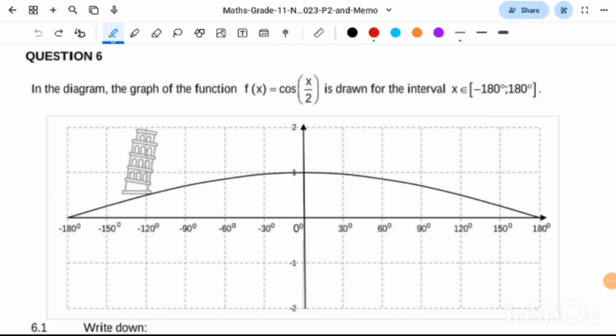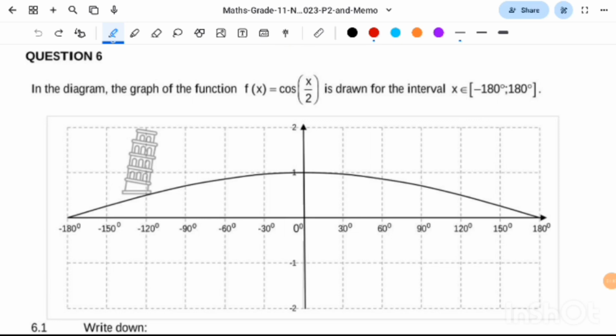So just make sure that you watch the two lessons that I uploaded on the basics of trig graphs so that you'll be able to answer this kind of question. Let's quickly look at this question. It's a very quick question to look at.